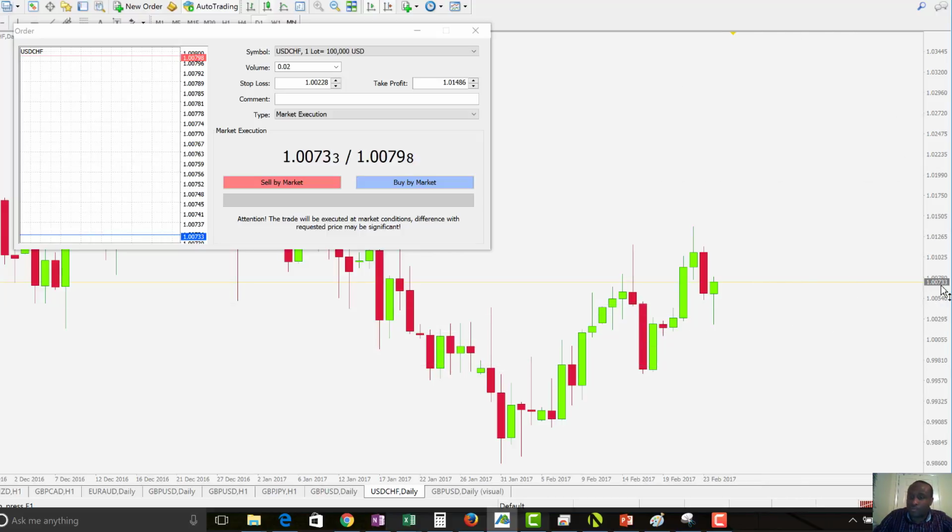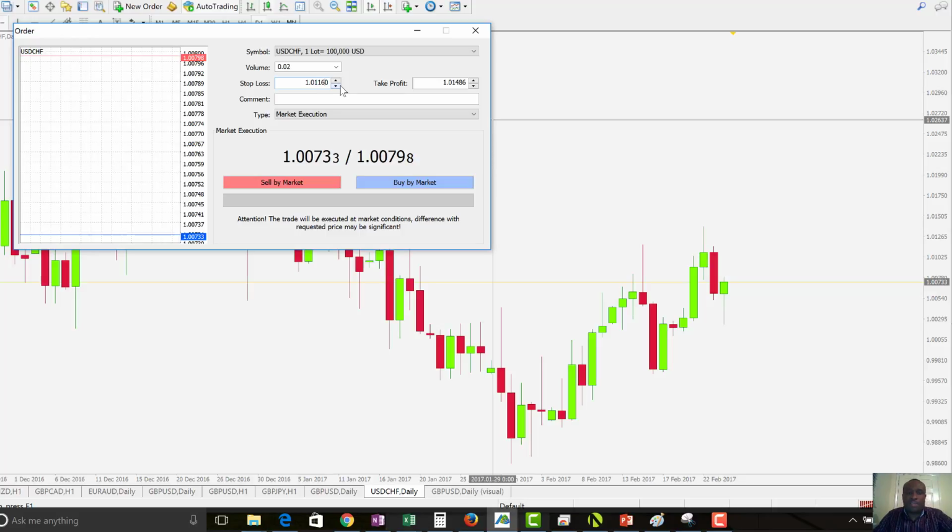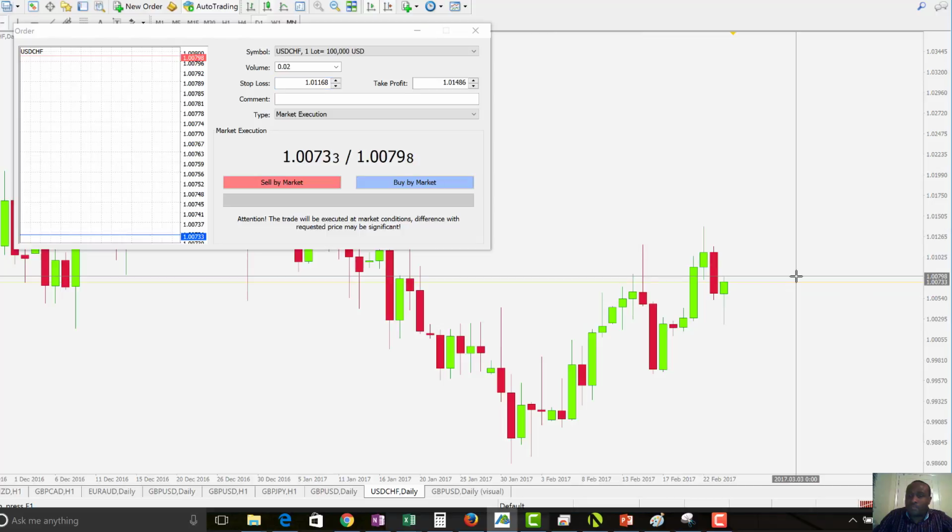So right now price is at 1.00733, and for a market sell order, all I need to do is set my stop loss at around that level there, 1.01168. 1.01168 is about 44 pips.